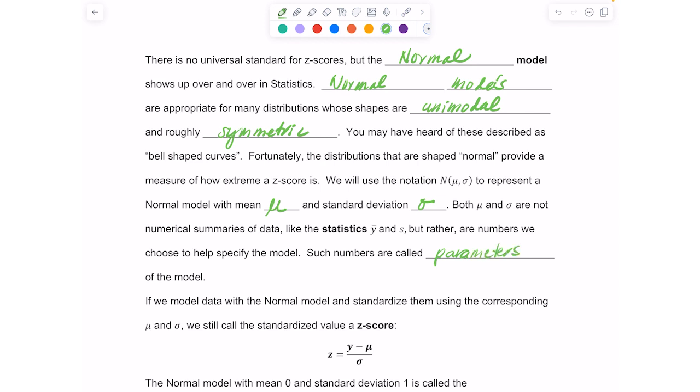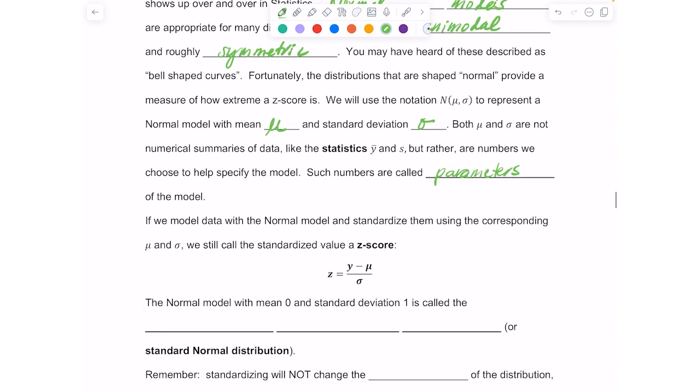If we model data with the normal model and standardize them using the corresponding mu and sigma, we still call the standardized value a z-score. We talked about in the last video when we shift the mean to 0 and rescale the standard deviation to 1, we end up with what's called the standard normal model, also known as the standard normal distribution.